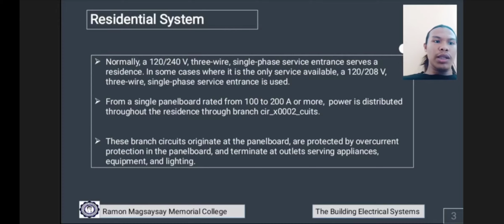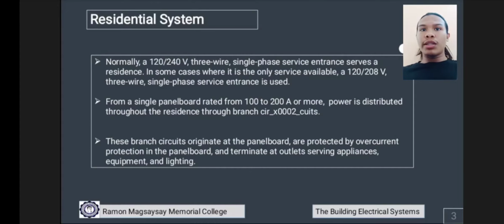Normally, 120 to 240 volts, 3-wire single phase service entrance is used in a residence. In some cases where it is the only service available, 120 to 208 volts, 3-wire single phase service entrance is used, from a single panel board rated from 100 to 200 amperes or more.